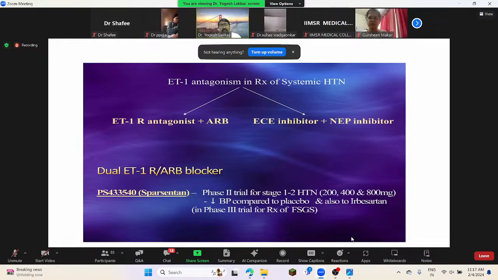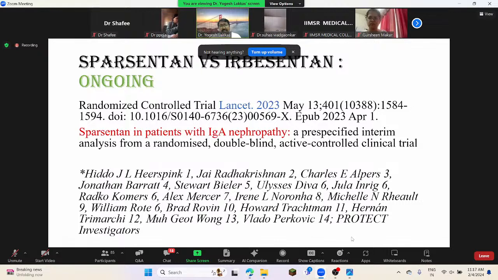And then an important aspect, this randomized control trial in the Lancet is still ongoing. Sparsentan and irbesartan, sparsentan in patients with IgA nephropathy, has been tested. A pre-specified interim analysis has shown that it is effective in reducing proteinuria in IgA nephropathy, and this trial is ongoing.